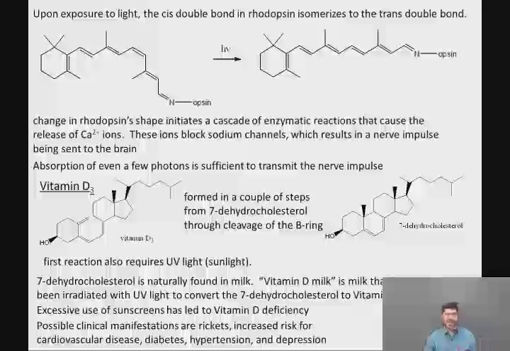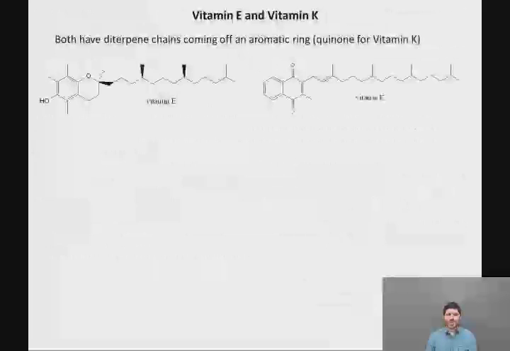So there is some actual biochemical evidence that the sunlight that is necessary to make vitamin D3 puts you into a better mood, and that's why people who live in climates that don't get very much sunlight often suffer from depression, or at least one of the reasons, not the only reason. Okay, so that's vitamin D3.